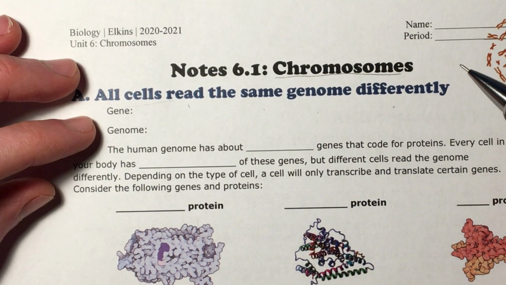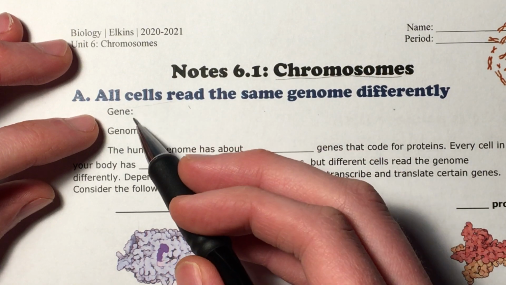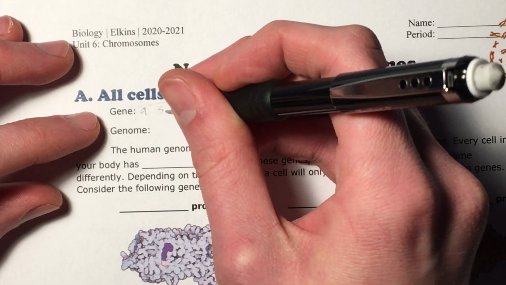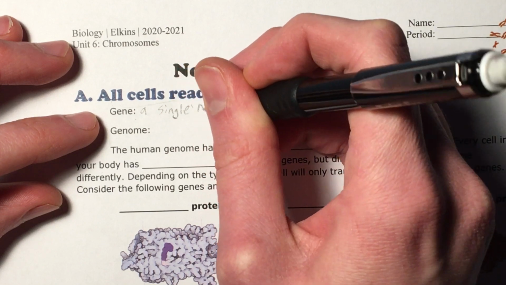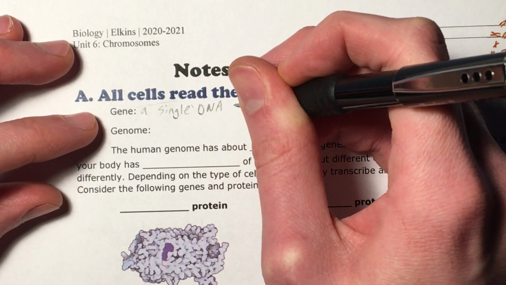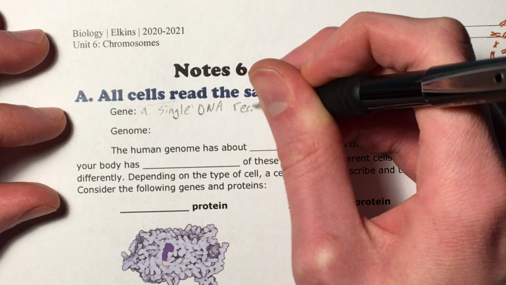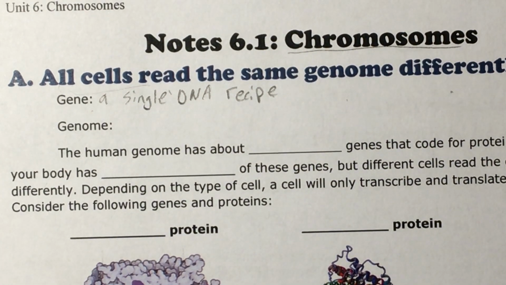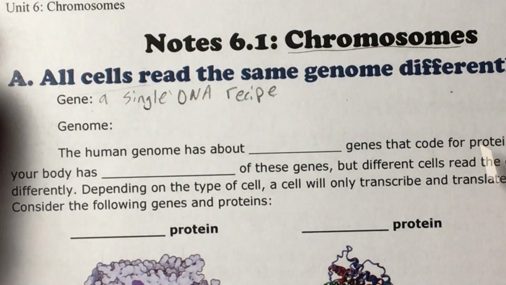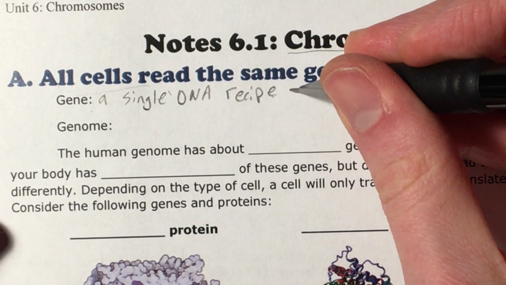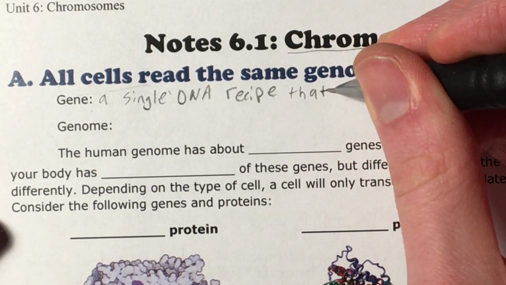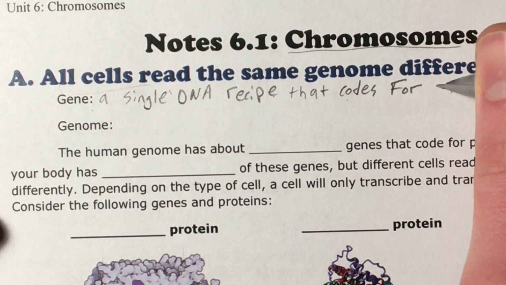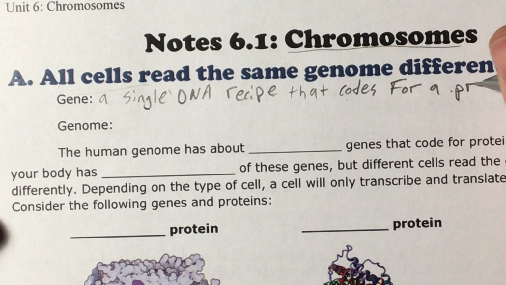So the first term that we need to definitely know is a gene, okay? A gene is a single DNA recipe, and that single recipe codes for a protein.